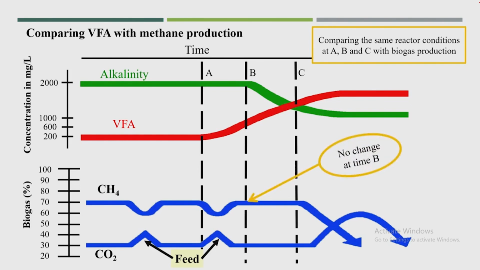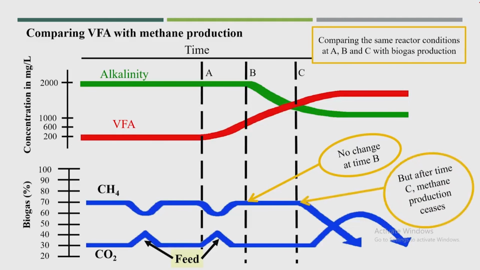There is no change in gas production or methane production until time B, where alkalinity is more than VFA, but at time C the methane production ceased, and after that the methane production will drop completely and the carbon dioxide increase will start.